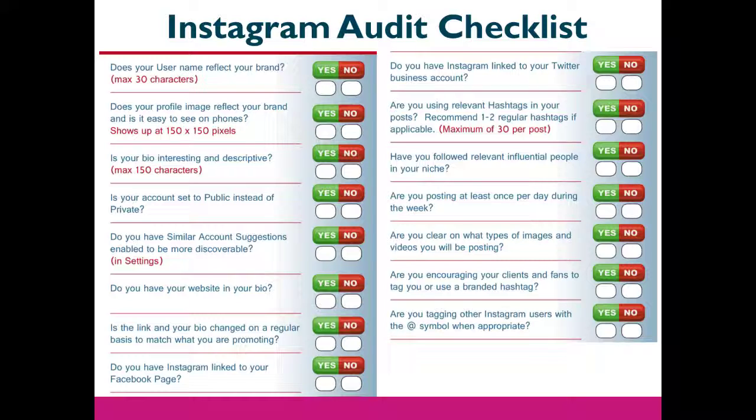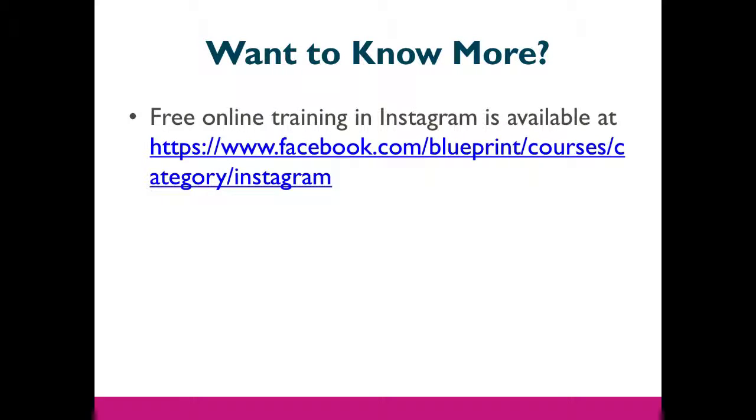So look through this checklist and think about how you might improve upon your Instagram site or your business's Instagram site, or the Instagram site for the company that you're doing a project for. If you want to know more, there's free online training on Facebook's site because Facebook does own Instagram, so you can check out this link.